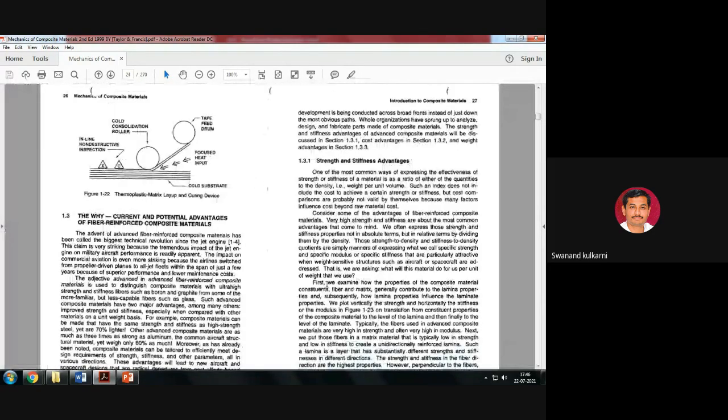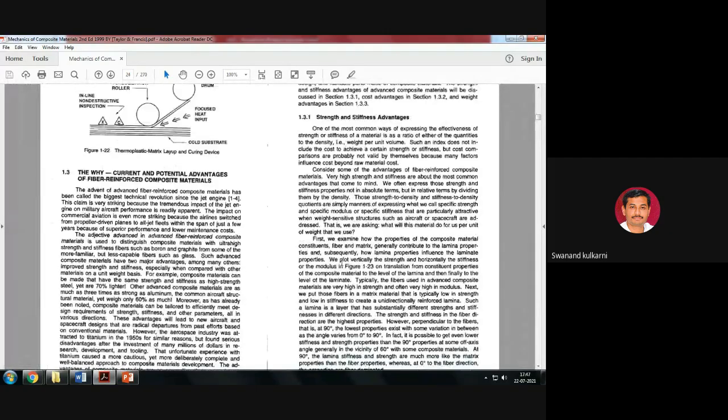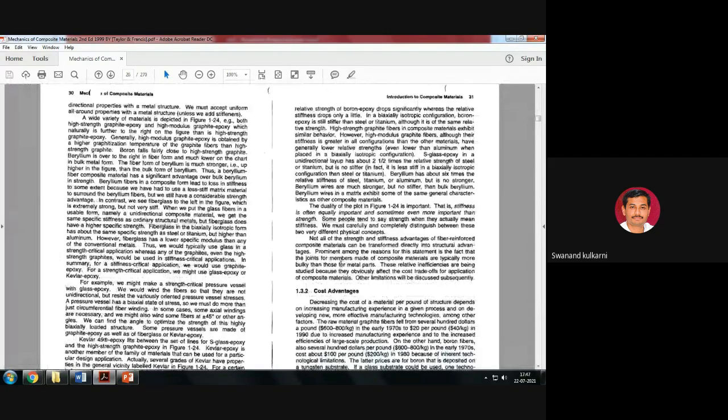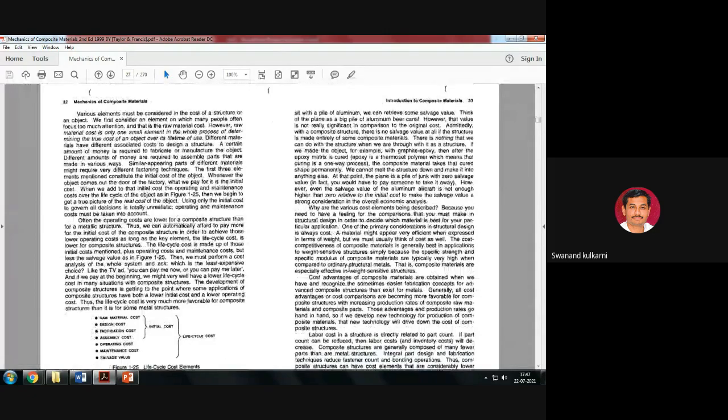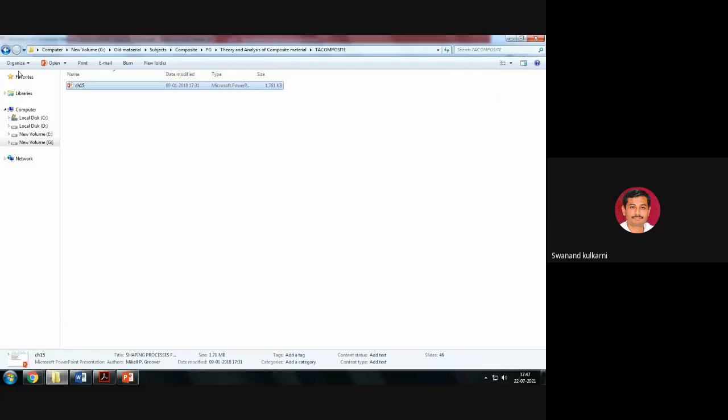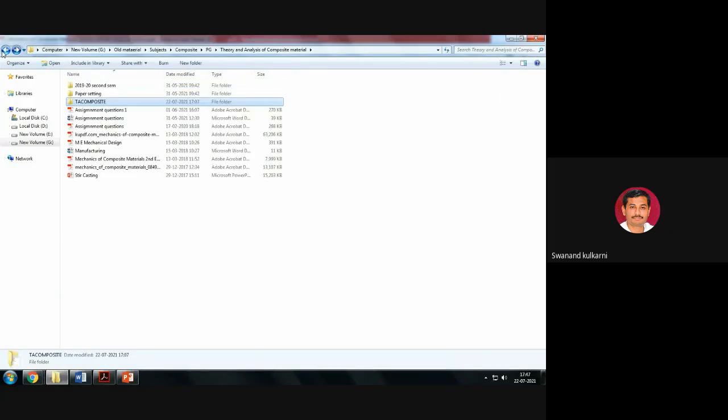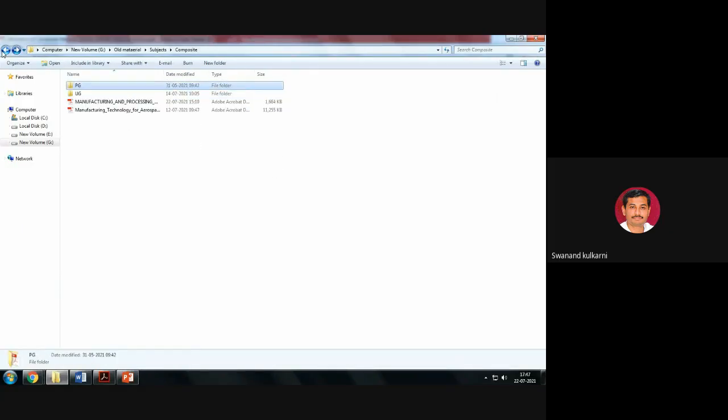All of these are types of manufacturing, and these are fiber reinforced plastic manufacturing. As far as fiber reinforced plastic manufacturing is concerned, all the methods shown here are used.